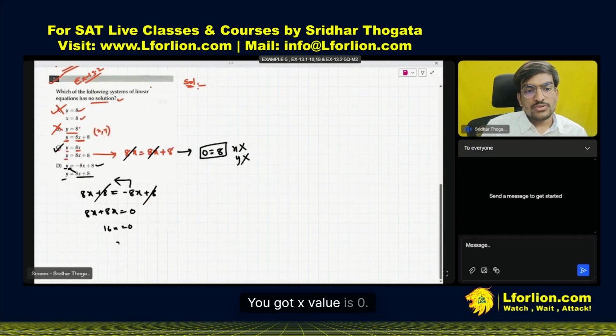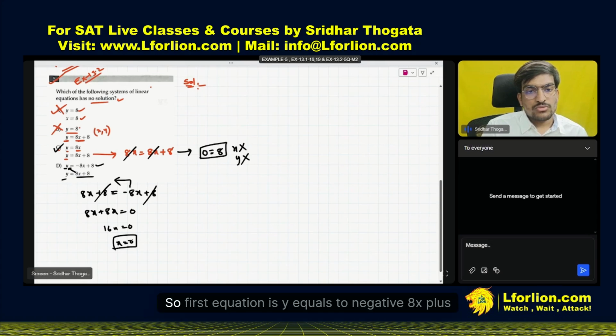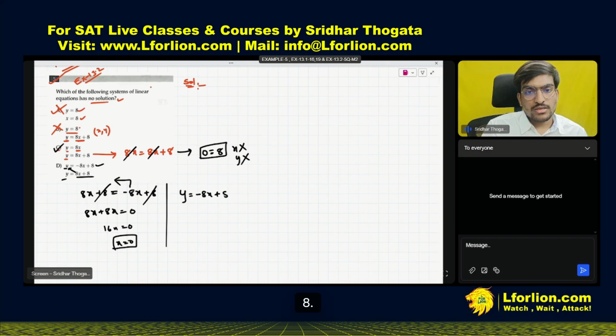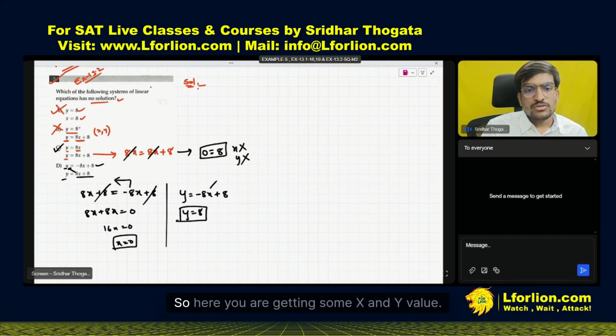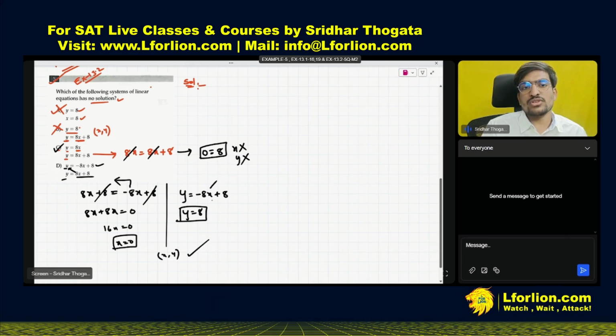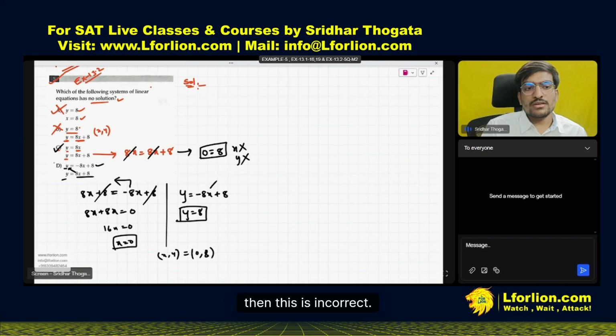You got x value is 0, substitute this x into the first equation. So the first equation is y equals negative 8x plus 8. If you substitute this 0, you get directly the y value as 8. So here you're getting some x and y value. Here you have some solution. So if you have a solution, then this is incorrect. They said it's no solution.